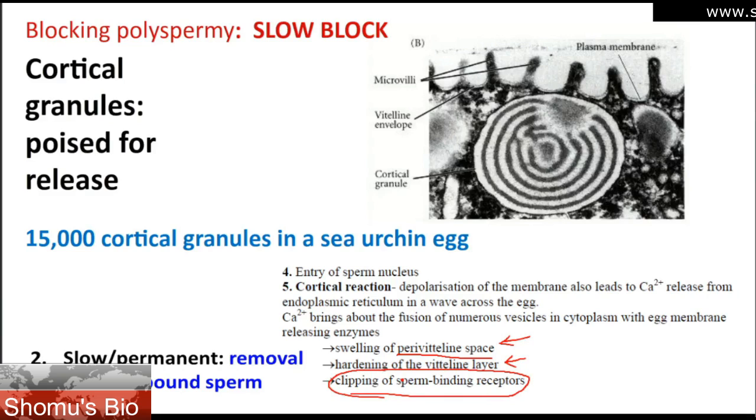It means as they swell up the perivitelline space and harden the vitelline layer, no further sperm can take proper entry inside the egg. This is one thing. And second thing, they also start to clip all those binding receptors. Clipping binding receptors means kind of masking agents which will not allow any further sperm to bind with the sperm receptor here or binding receptor here. Okay, so this is the slow or permanent block that is placed here.